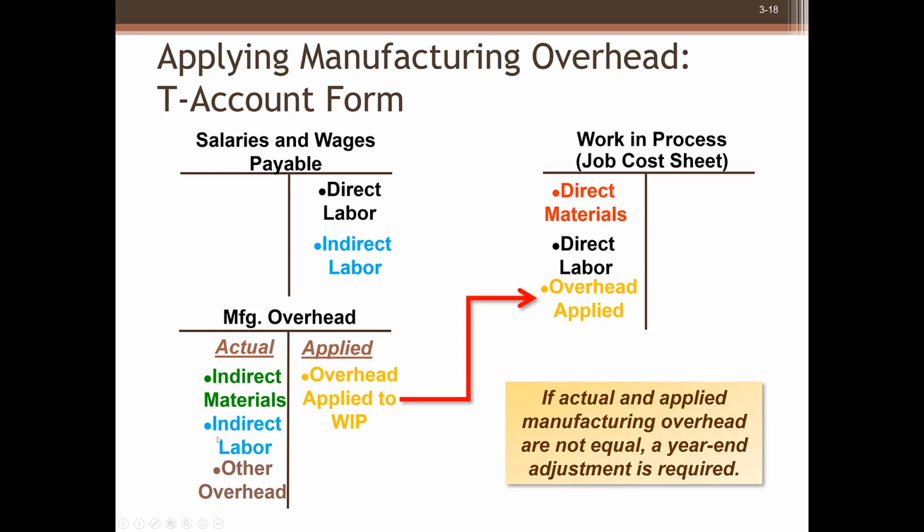Those are actual amounts. For applied amount, we use predetermined overhead rate multiplied by actual level of allocation base, and we credit to MO account here. So right hand side shows the amount of applied MO.